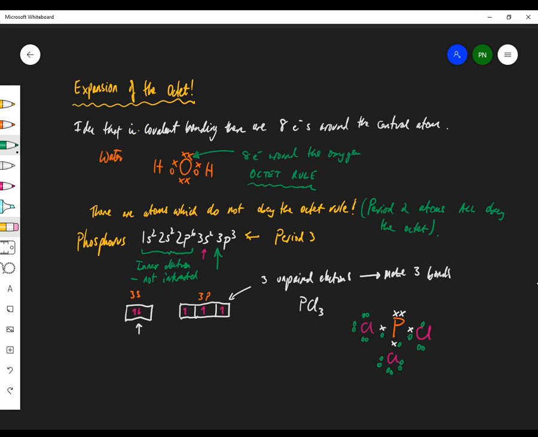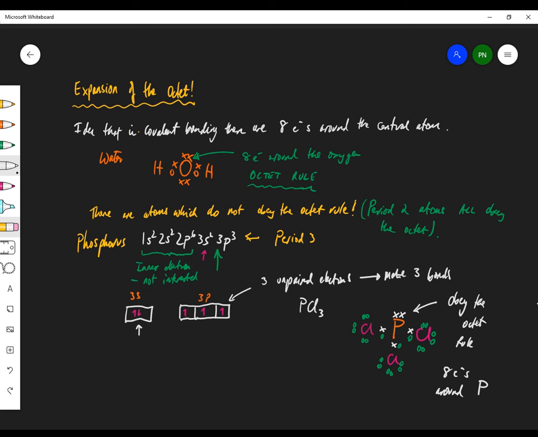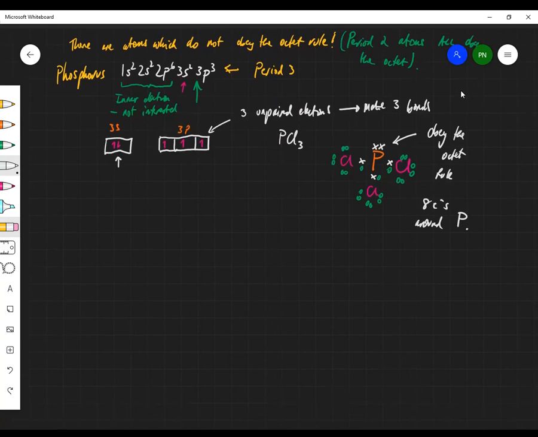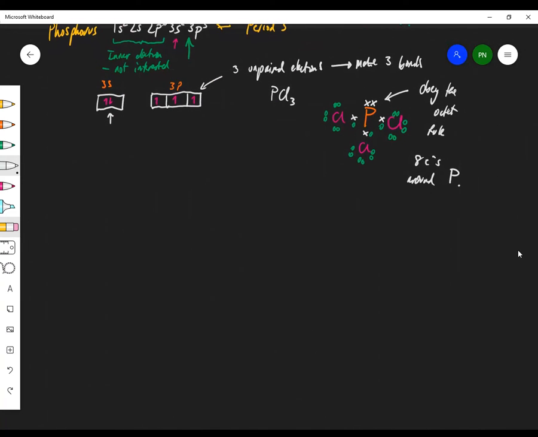If I make a mistake, don't worry about it. As we look at this phosphorus, it does obey the octet rule, because it has 8 electrons around the phosphorus. That's interesting, and this is just really setting us up for the lesson.